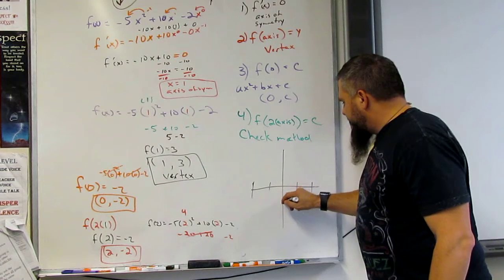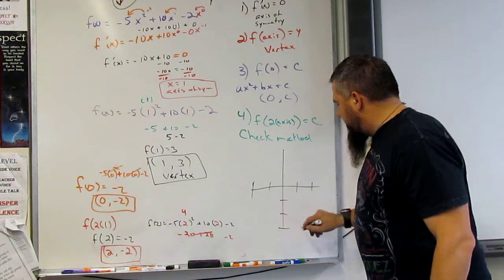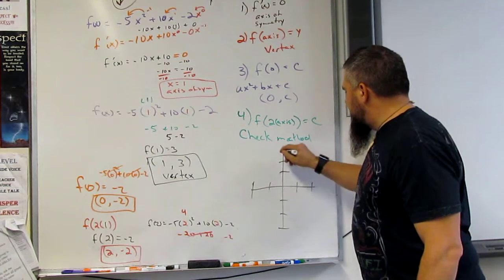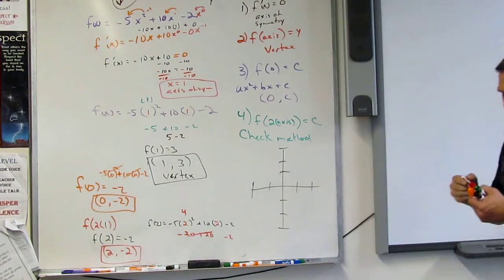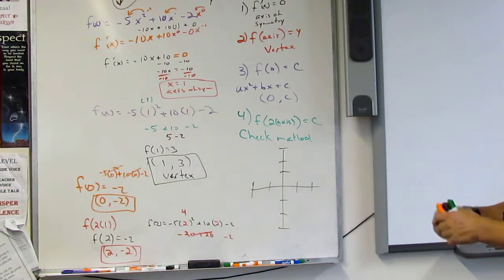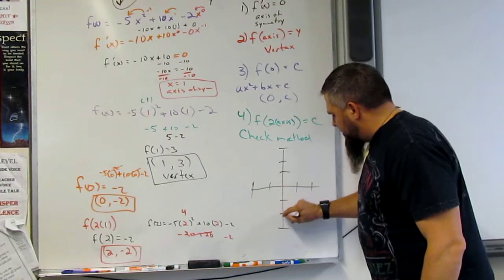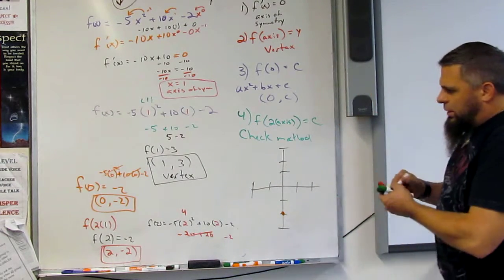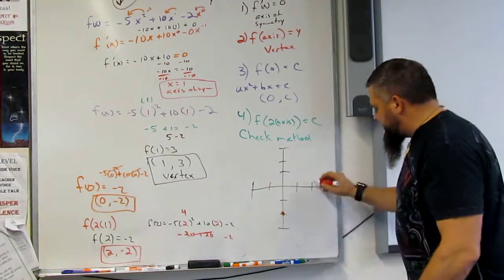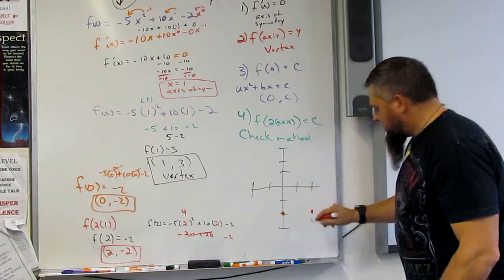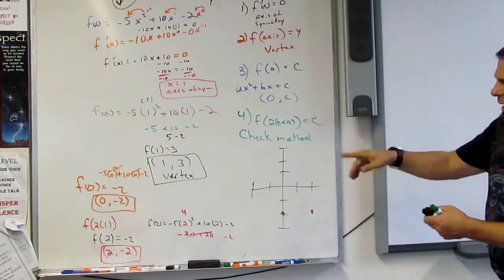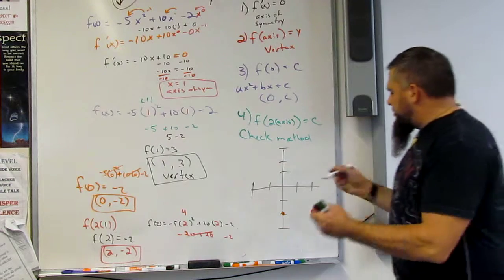So I need to go 1, 2, 3, and 1, 2, and 3. And so now I can start plugging in points. So the orange one is 0, negative 2. Okay? The red one is 2, negative 2. Okay? And the black one is 1, 3.